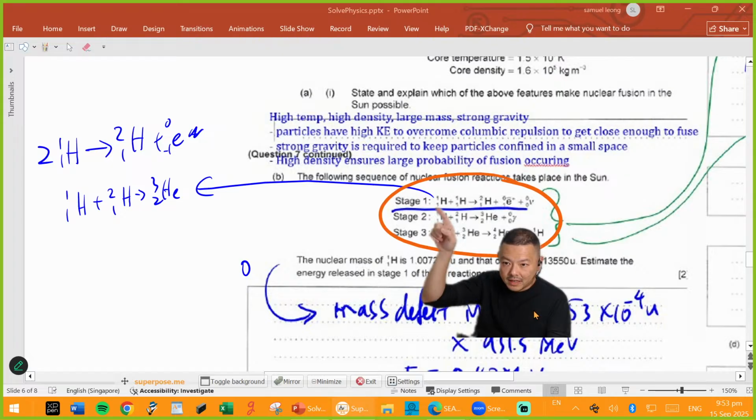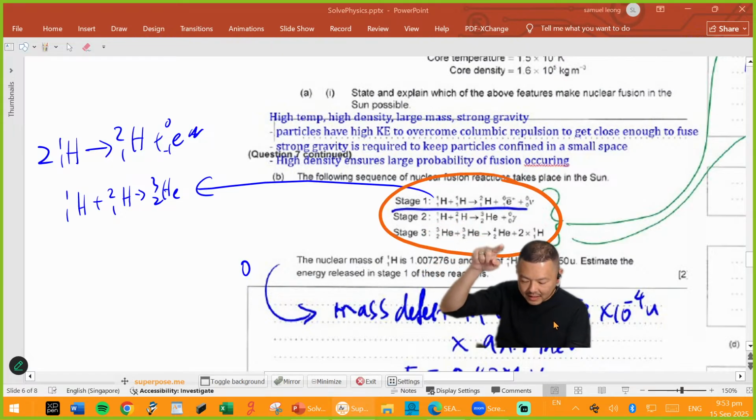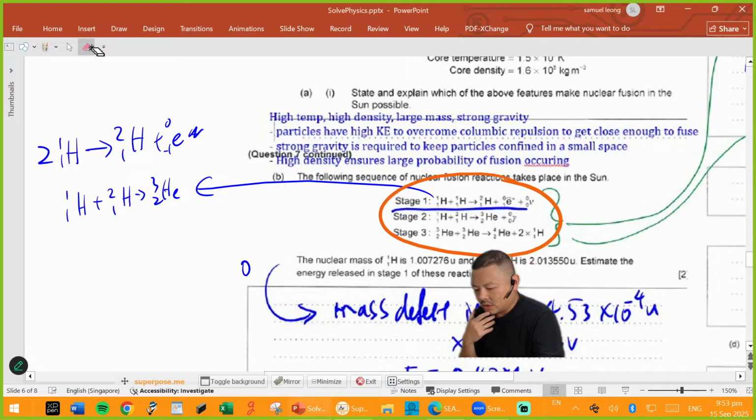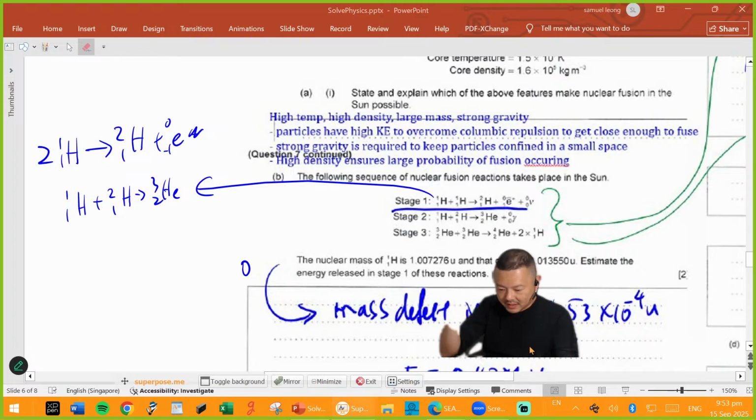If you look at the first stage, two hydrogens become 4 2 helium. So tomorrow is paper 2, data response question, right? There's a possibility for this. So that's the overall picture of this one.